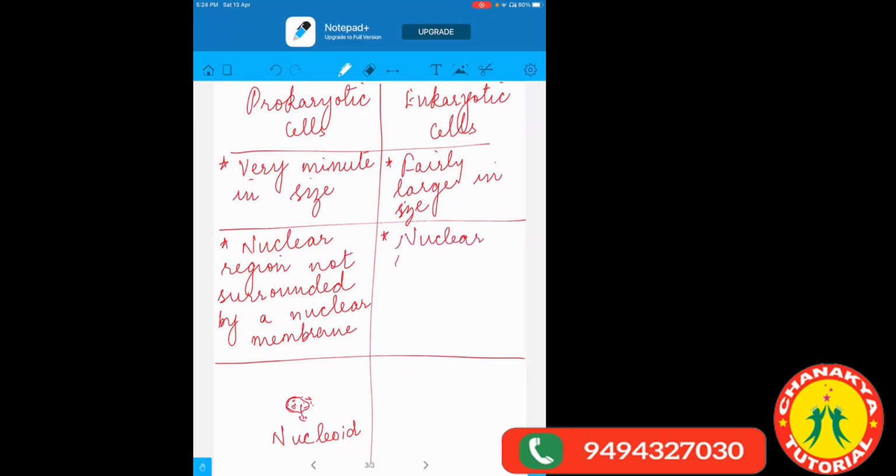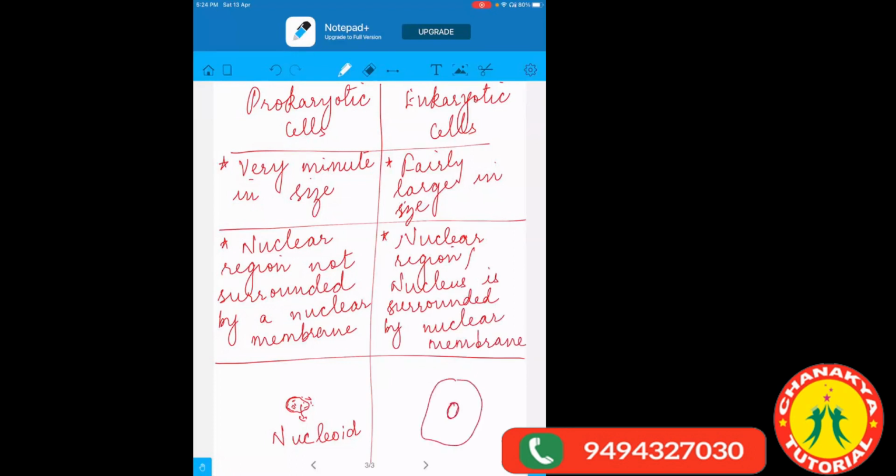or the nucleus, is surrounded by what membrane? The nuclear membrane. So suppose this is a cell. In the center of the cell, what do we have? We have a nucleus.